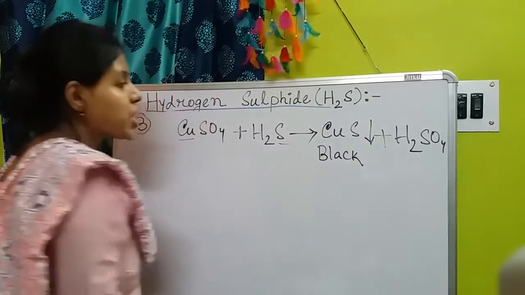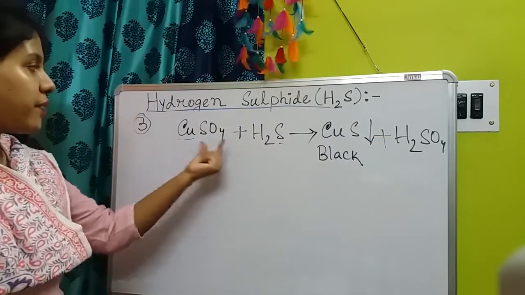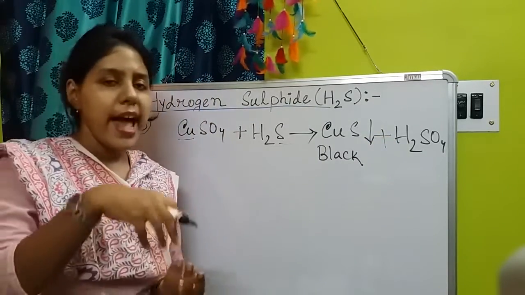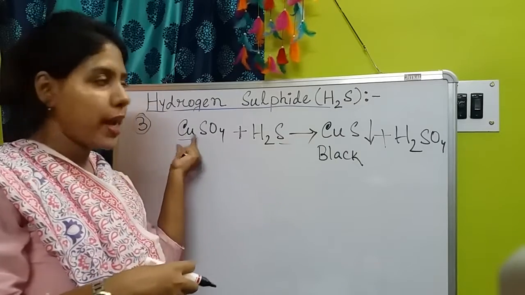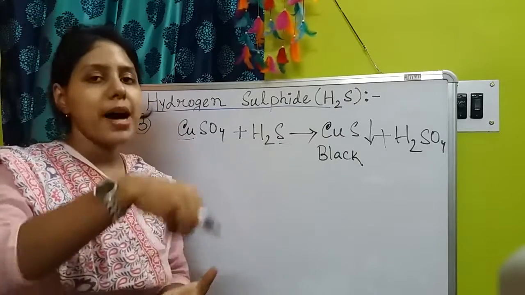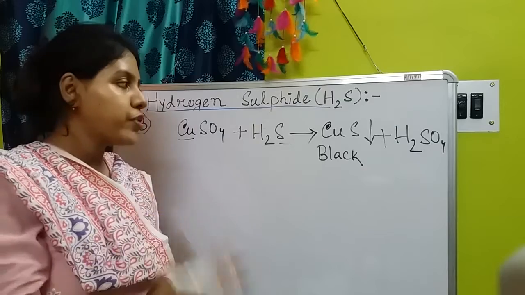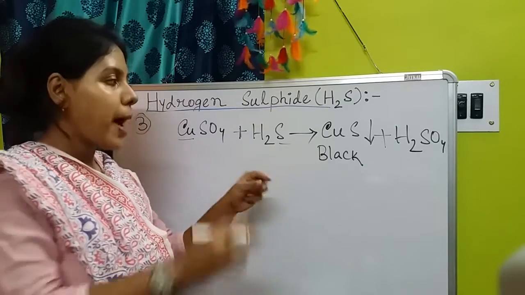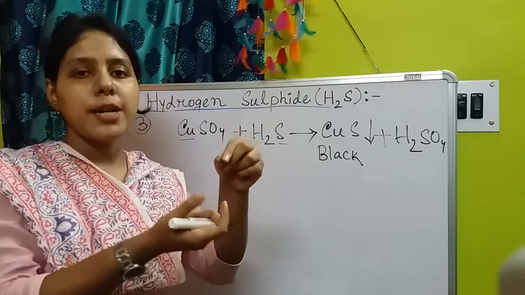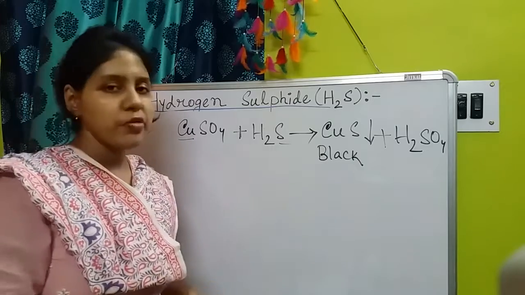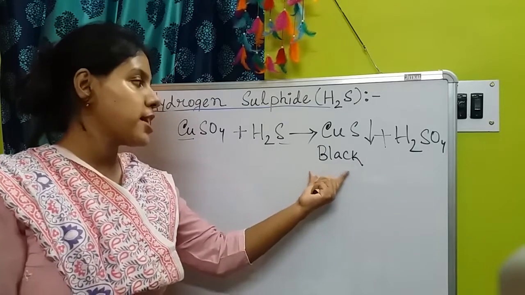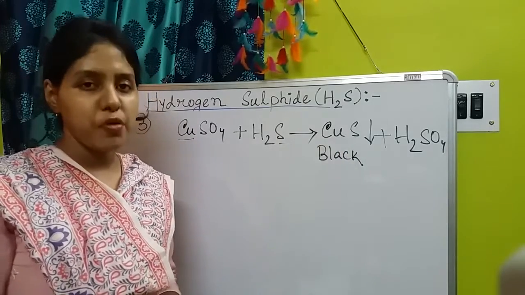After the reaction we can see that whenever you have taken an acidic solution of any salt of copper and passed H2S through it, you get a black precipitate at the bottom of the container or tube. The black precipitate is due to the formation of copper sulfide.